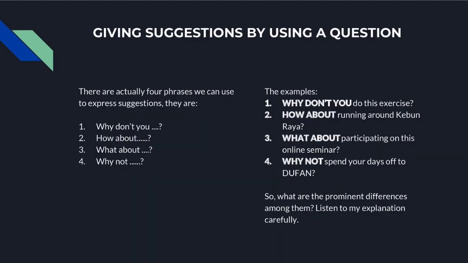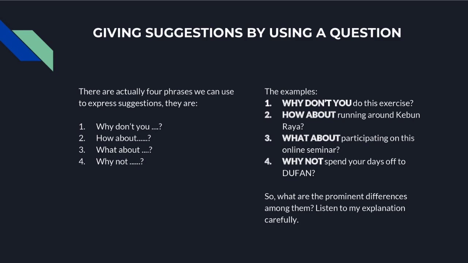Well, on the next slide, I'd like to explain to you about the use of questions in giving suggestions. Actually, there are 4 phrases we can use to express suggestions. They are why don't you, how about, what about, and why not.